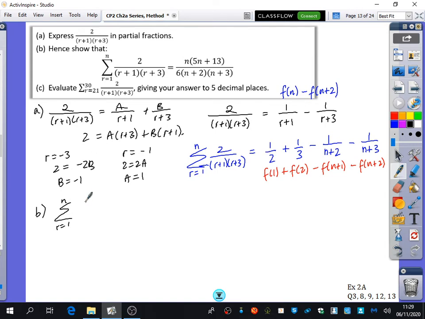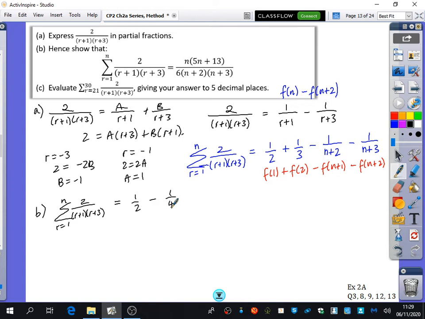Okay, so we'll do the substitution. But we know exactly what's going to happen here. So when I put r equals 1 into this thing up here, we'd have a half minus a quarter. Do you have to show that? I'm not sure because I haven't marked this before. I'll show you a mark scheme in a second.